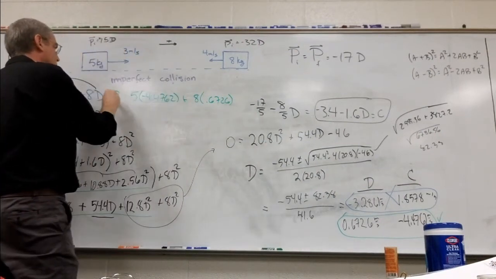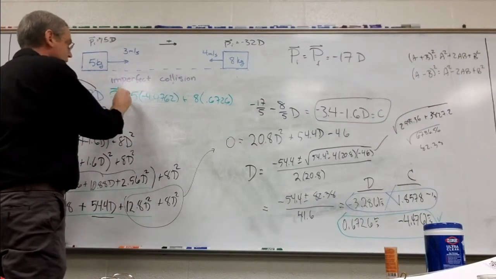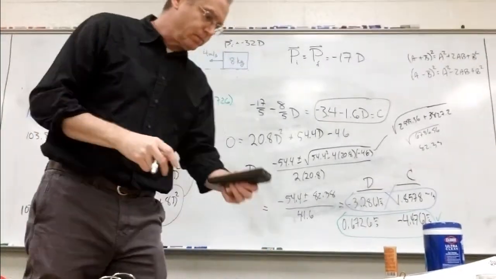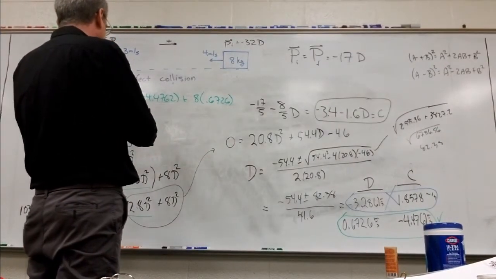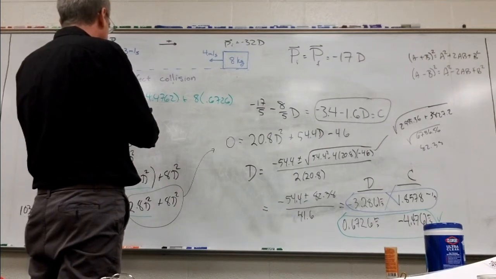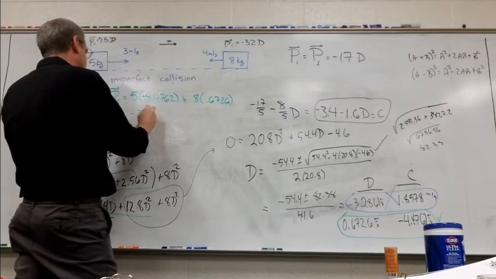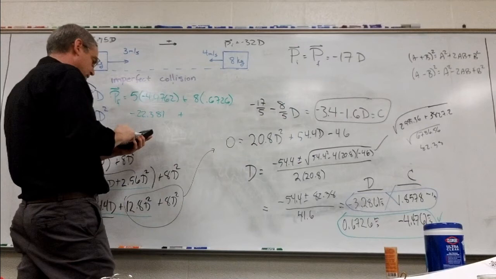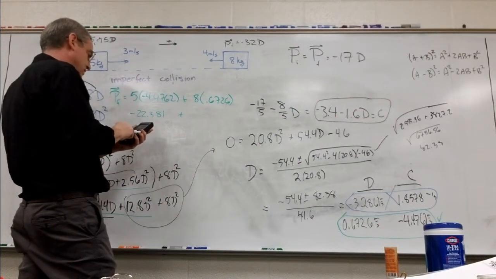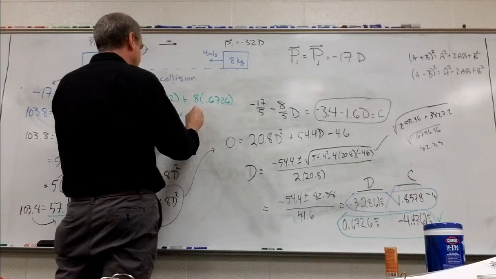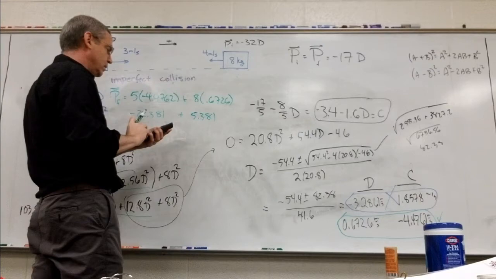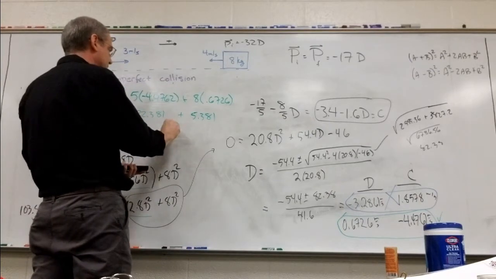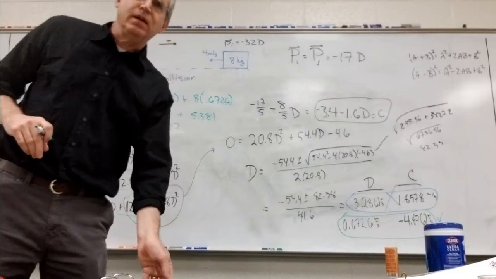This is the total final momentum right here, mass times velocity for each, added together. So I get negative 22.381 plus 5.381. If I add them together, I get negative 17.